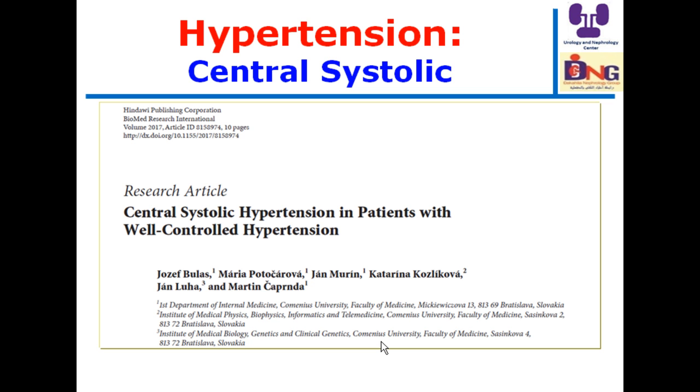You can have normal brachial pressure as measured in the office, but high central systolic pressure as known from the pulse wave analysis. This study discussed an important issue, which is using the central systolic pressure. This study included 100 patients with well-controlled hypertension.